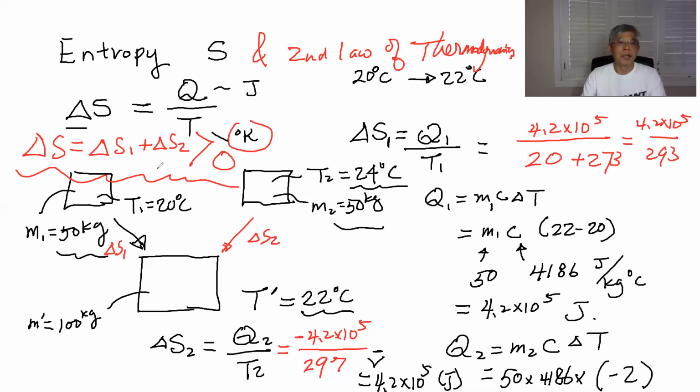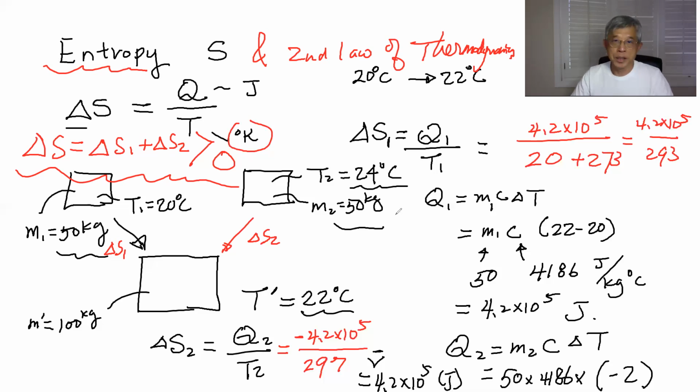In a natural process, when we mix these two buckets of water together, the entropy is increasing. That statement is called the second law of thermodynamics. That's one of the statements.